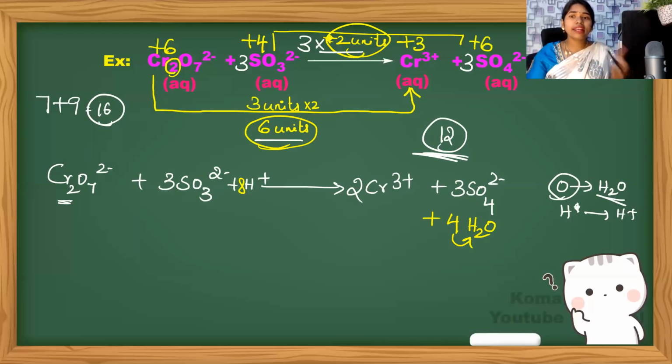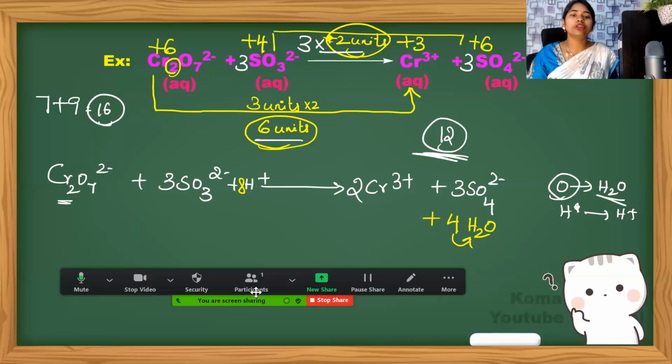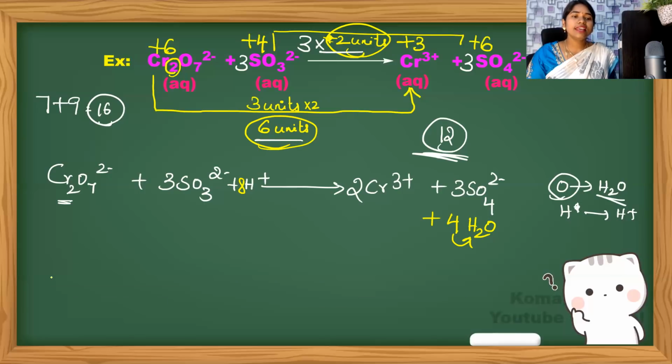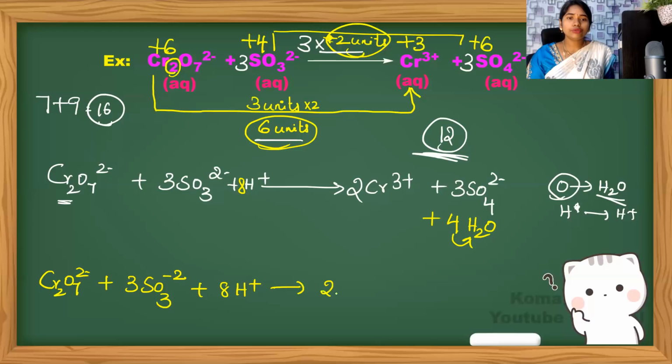And then I'm going to write the overall reaction, check it out. Cr2O7 2- plus 3SO3 2- plus 8H+ gives rise to 2Cr3+ plus 3SO4 2- plus 4H2O. This is a balanced reaction.